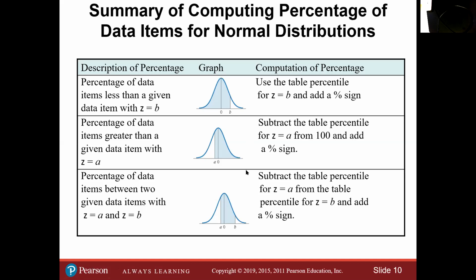You will take two data points, convert them into two different z-scores. Take those z-scores, go to the table and find the percentiles corresponding to both. You will take the upper percentile, subtract the lower percentile to get the percentage in between.